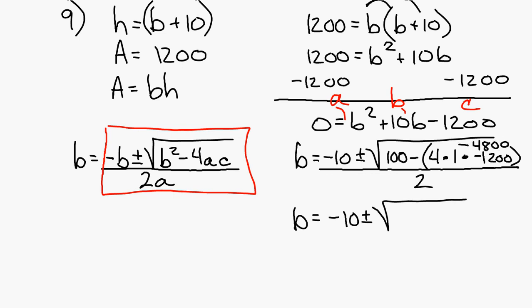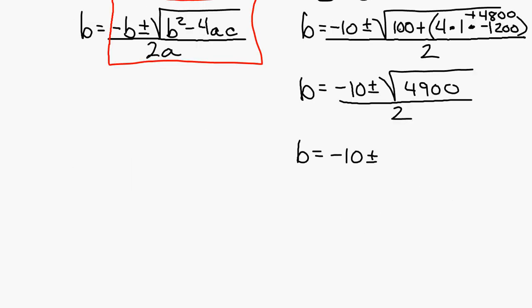So you get 100 plus 4800, which is 4900, all divided by 2. The square root of 4900 is equal to 70. So b is equal to negative 10 plus or minus 70 over 2.